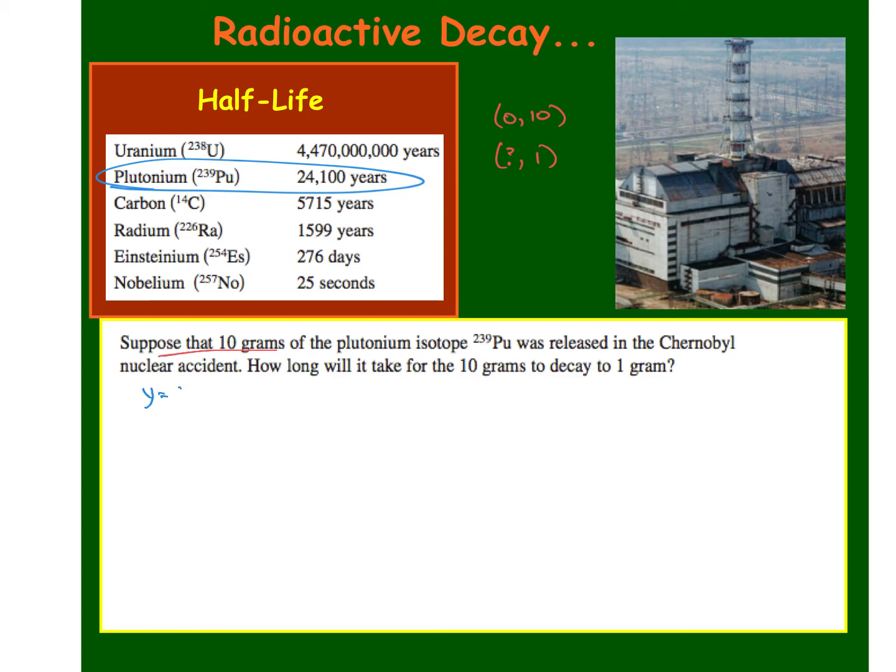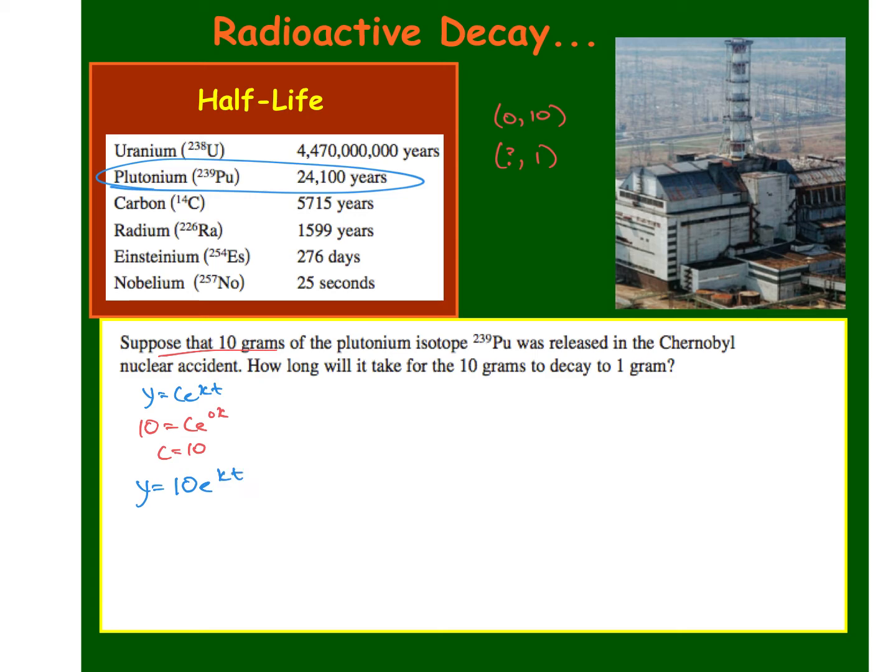So now we have y is equal to ce to the kt. And we're just going to start substituting in what we have. So what's my y? 10. So now I have 10 is equal to ce to the... Okay. So now what is c? C is 10. So now I end up having y is equal to 10e to the kt.